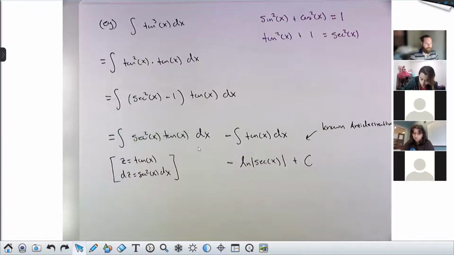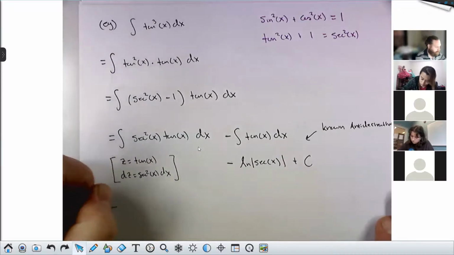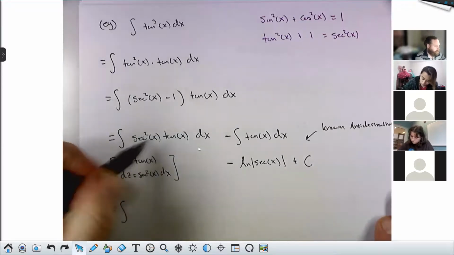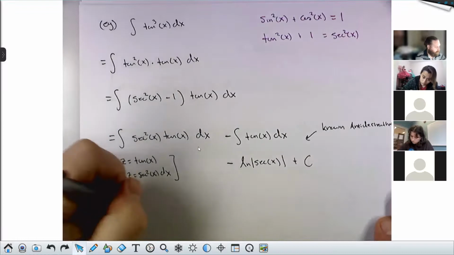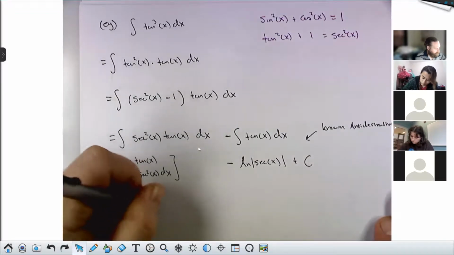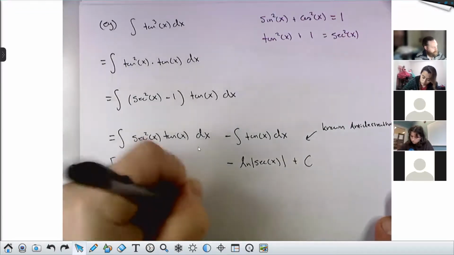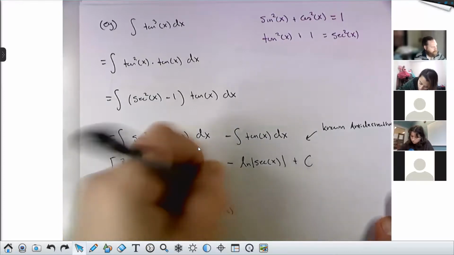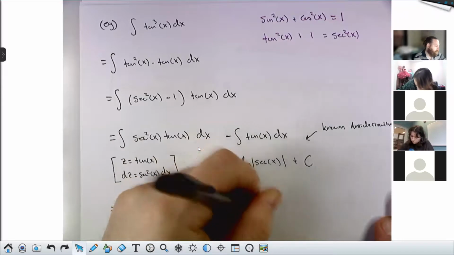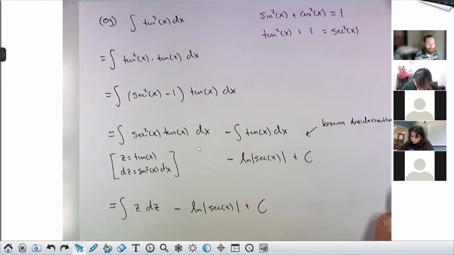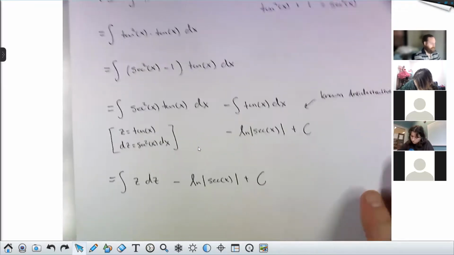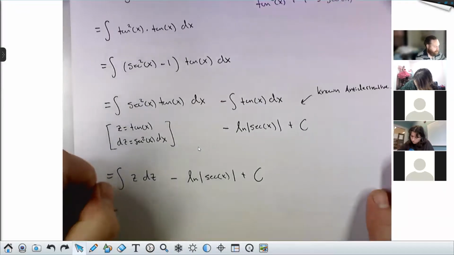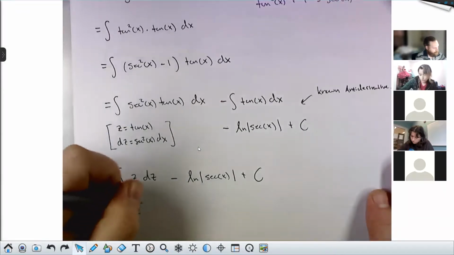The first integral, so what do I get all together? The secant squared of x dx, that's dz, so this just becomes the integral of z dz, and then I have minus the natural log absolute value of secant x plus c. So I get z squared over 2.